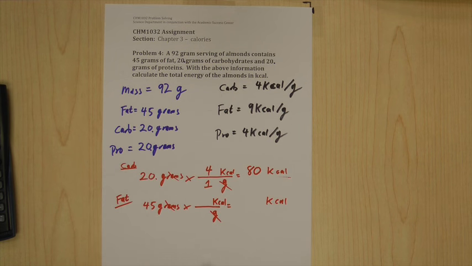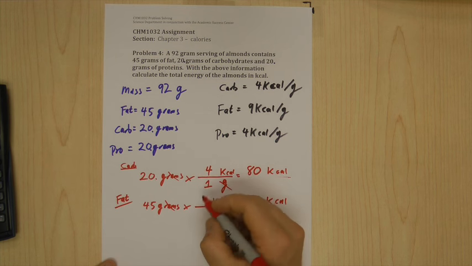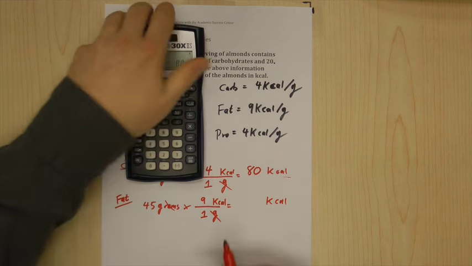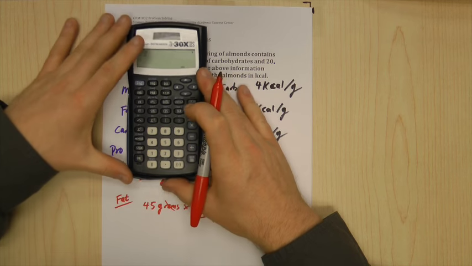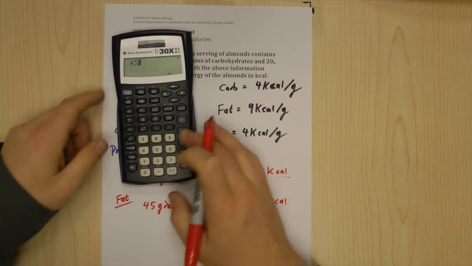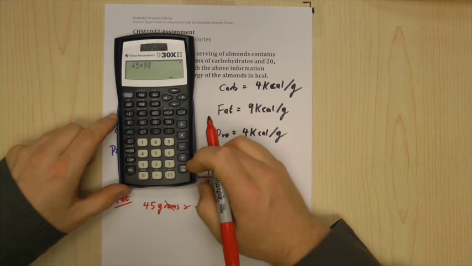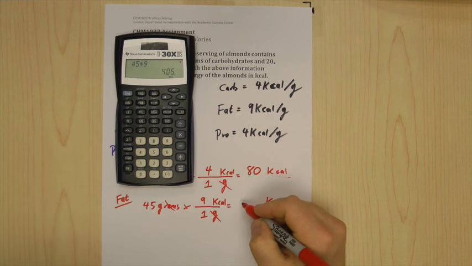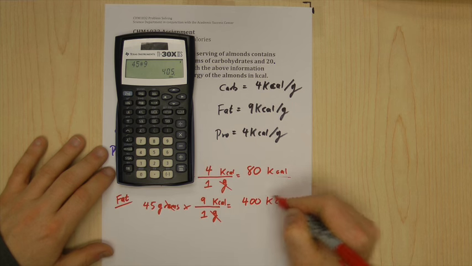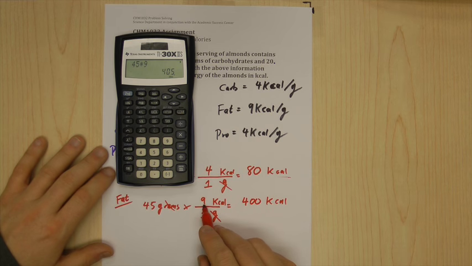So here, 45 grams over 1, and 9 kcals on top. Bust out your calculator. 45 multiplied by 9 equals 405 is what the calculator gives us, but we have to round it to 1 significant figure, so it'll be 400 kcals. So we have to round the whole thing to 1 significant figure at the end.